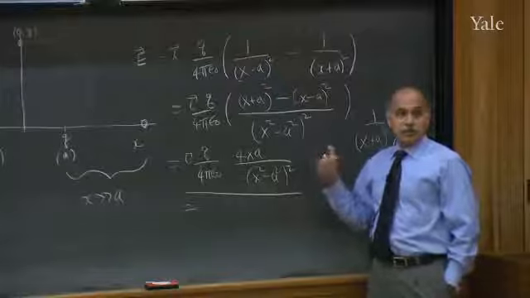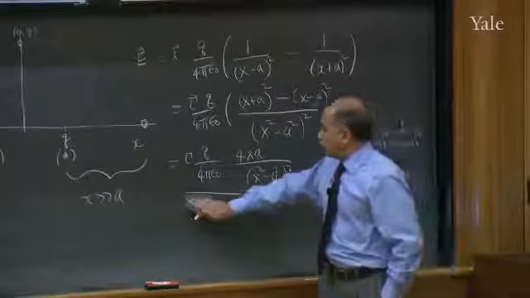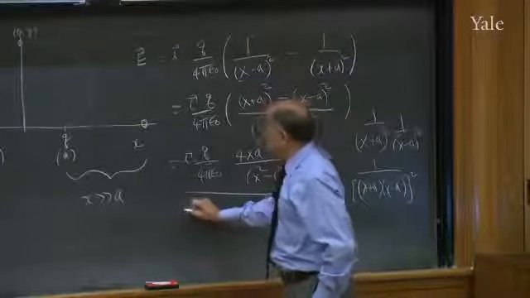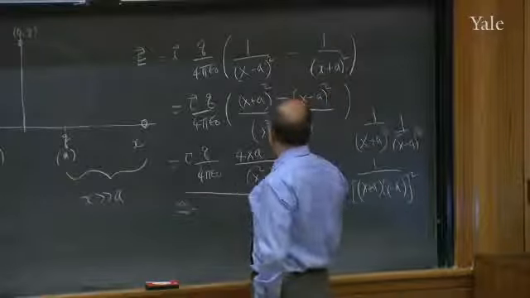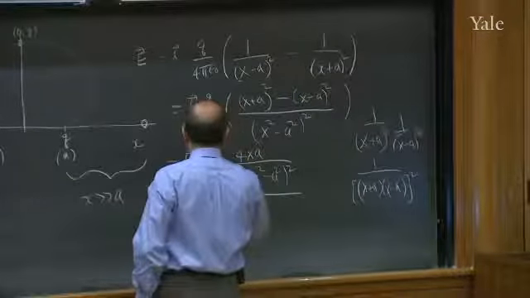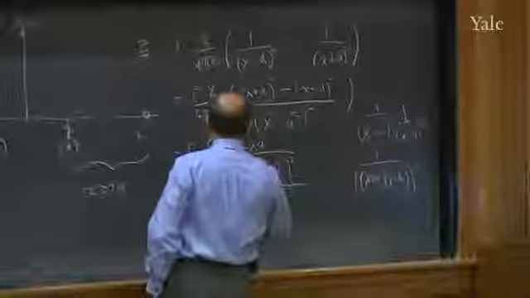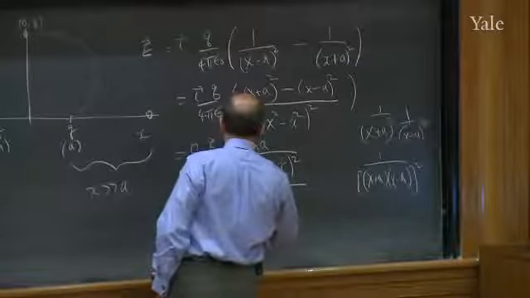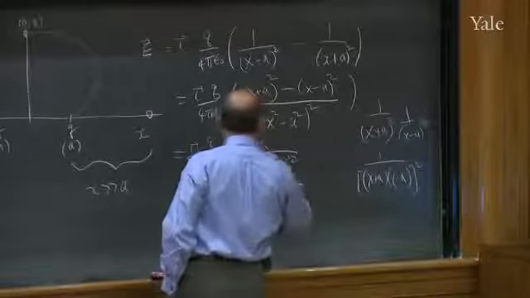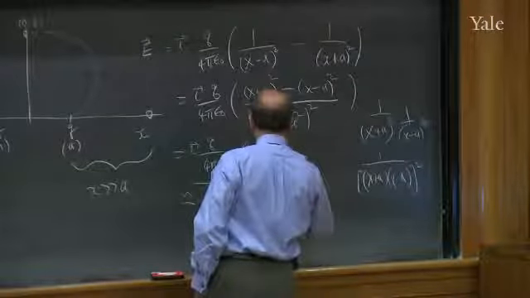So in the first approximation, it's not an exact formula anymore. From now on, it is approximate. In the limit x is much bigger than a, you can see it's going to be I times q over 2 pi epsilon 0 times 2a divided by x cubed.